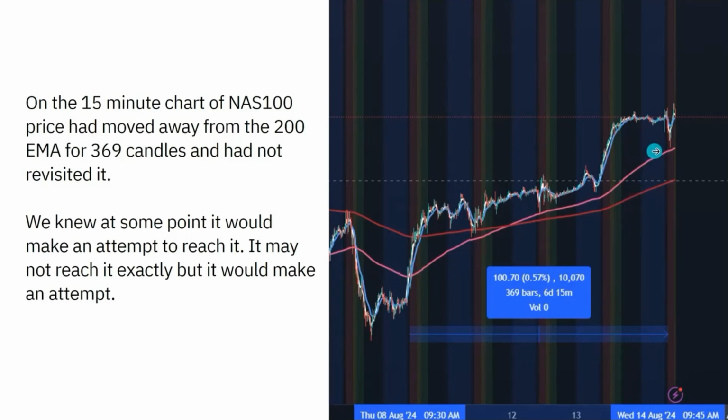So this is the start of the day, and we see price makes a move to the downside. On the 15-minute chart of the NASDAQ 100, price had moved away from the 200 EMA for 369 candles and had not revisited it. We knew at some point it would make an attempt to reach it. It may not reach it exactly, but it would make that attempt.